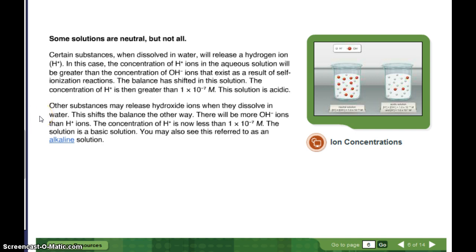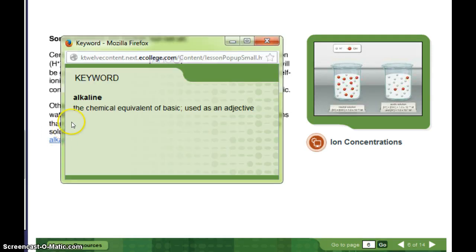This shifts the balance the other way. There will be more hydroxide ions than hydrogen ions. The concentration of hydrogen ions is now less than 1 times 10 to the negative 7th molar. The solution is now a basic solution. You may also see this referred to as an alkaline solution. So remember, alkaline is basically a synonym for the word basic, which means a base, and it's used as an adjective.